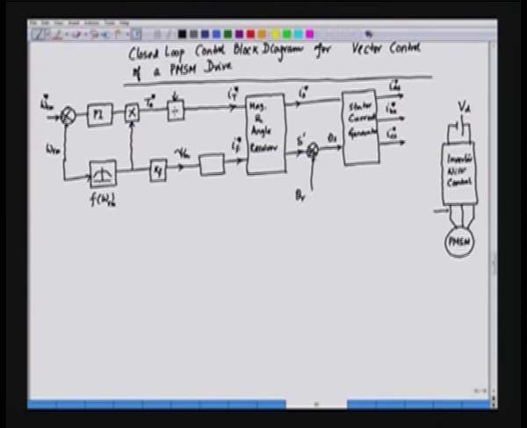So, we can sense the various currents here, IA, IB and IC, or IAS, IBS and ICS for the stator, and these currents are compared with their reference value.